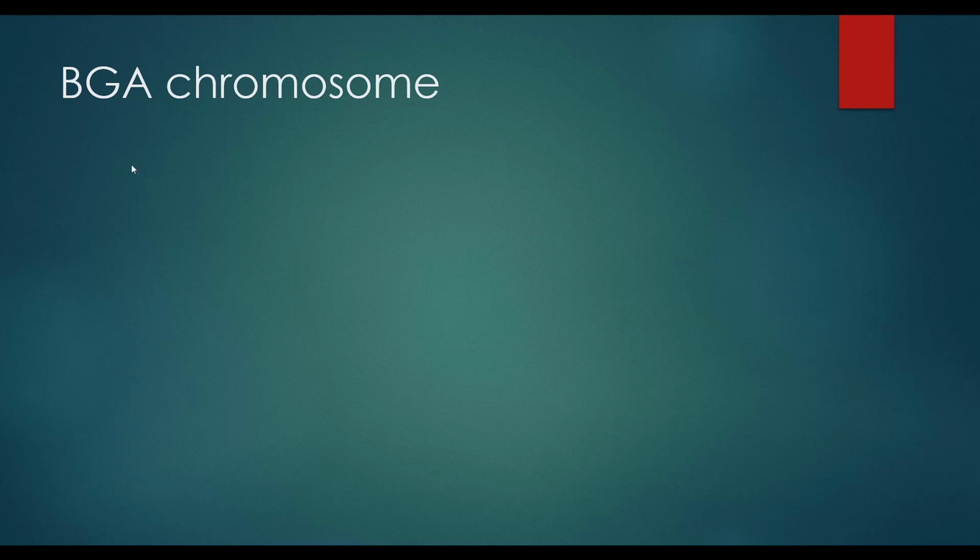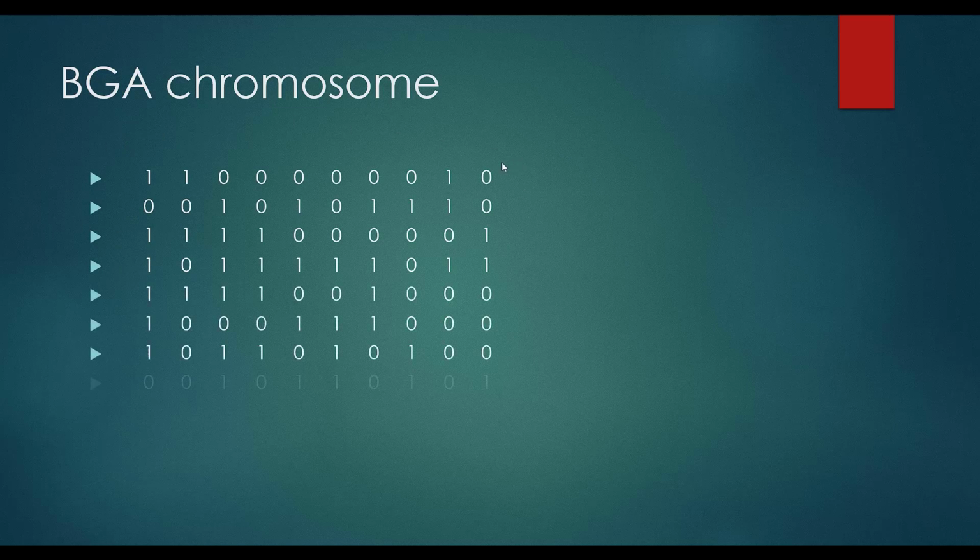As you remember, we wanted to use binary variables in the genetic algorithm, which means all variables would be 0 and 1. So we have some binary population such as this. Suppose that we have this population, and for the first one we have this chromosome. It means that the first decision variable for the first member would be 1, and the second decision variable would be 1, and the other ones would be 0 or 1.